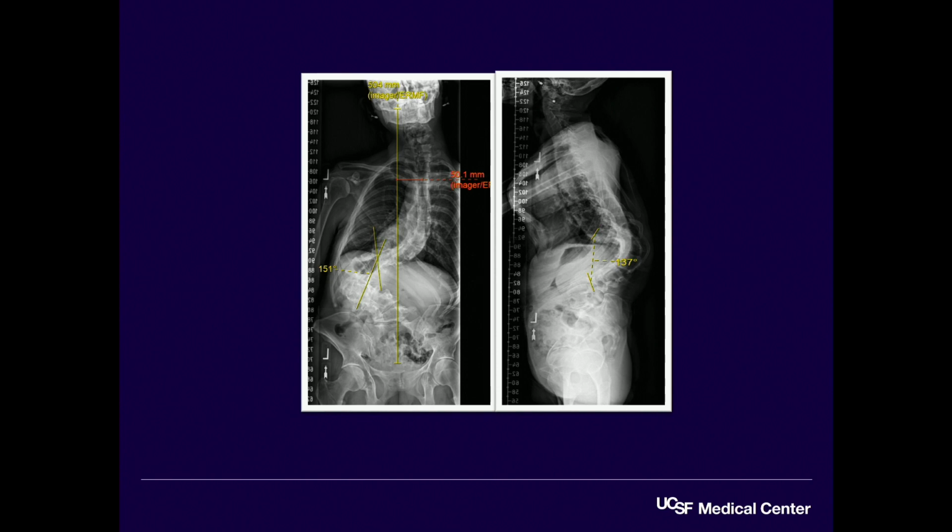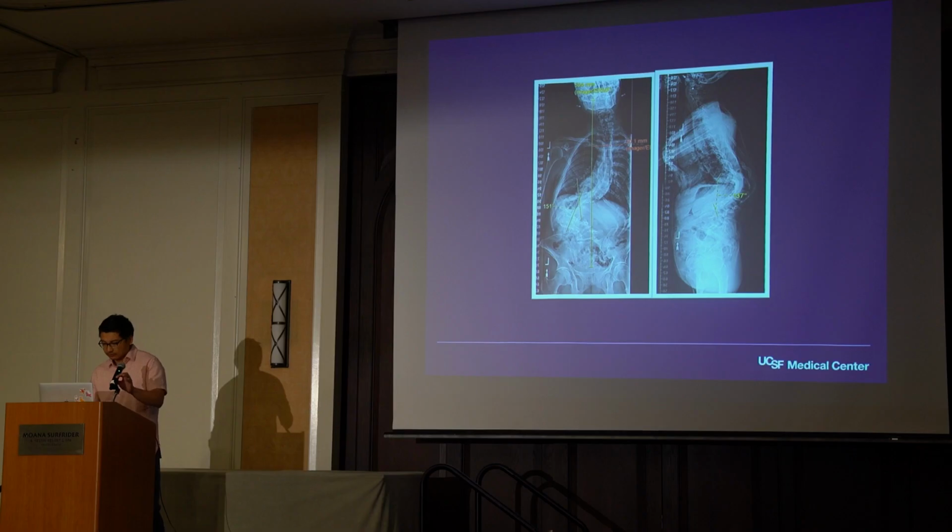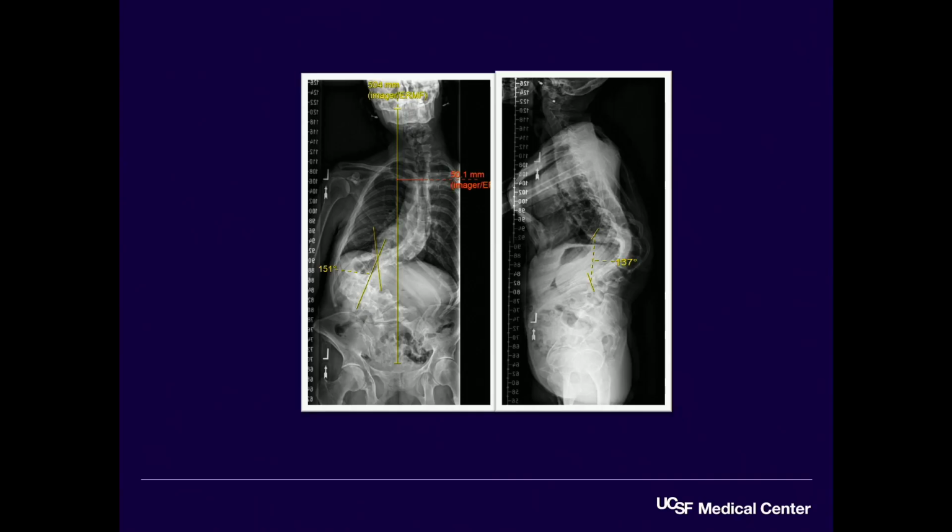I'd have to look at the actual pelvic parameters there, but it looks like there's some pelvic retroversion going on as a compensatory measure. So I think next I would get an MRI to work up her hyperreflexia, given the concern for myelopathy. If she's hyperreflexic in the uppers, it might localize to the cervical spine, but I'll get a total spine MRI and CT scan of the total spine as well.